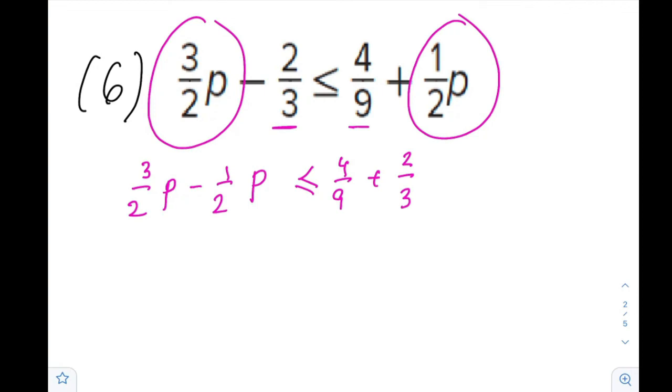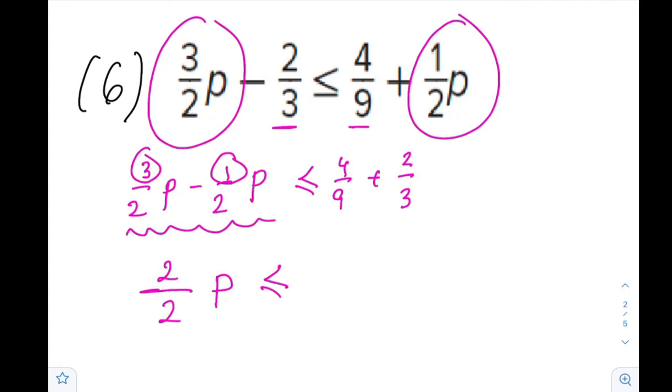Now we have here, fortunately, the denominators are the same. So we will put the denominator 2, put the variable down, subtract 3 minus 1, 2. Less than or equal. These should have the same denominator. So we'll multiply by 3 so that we have 4 over 9 plus 6 over 9.